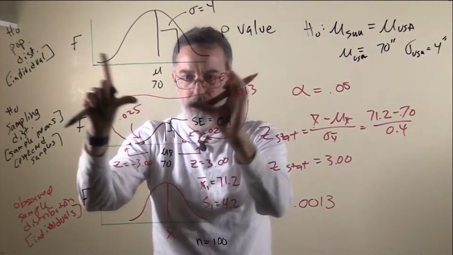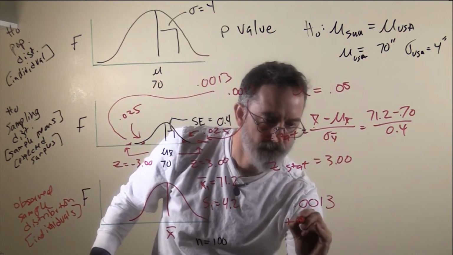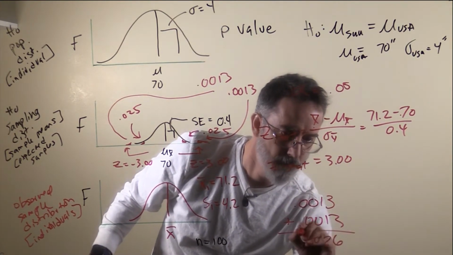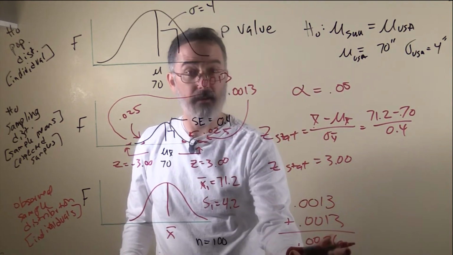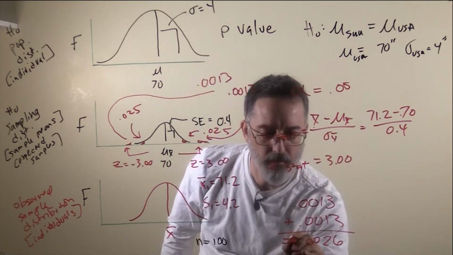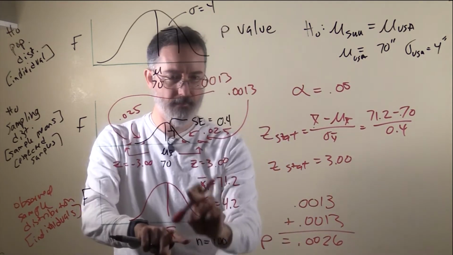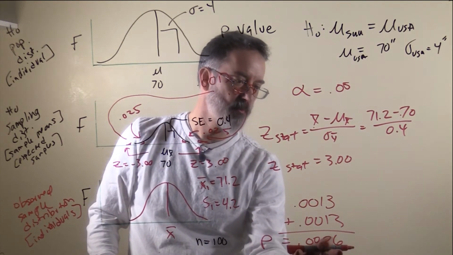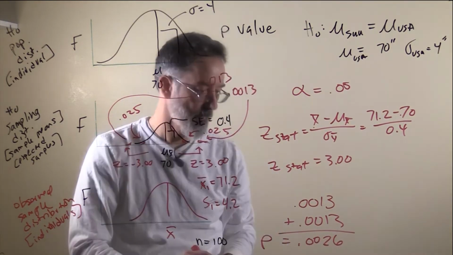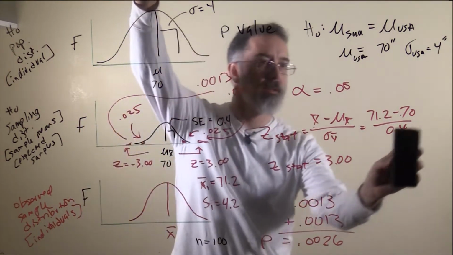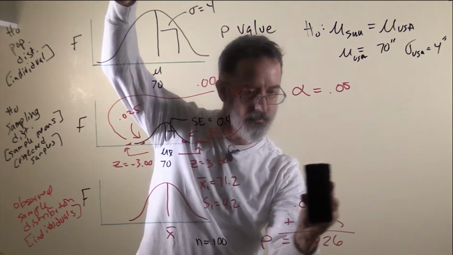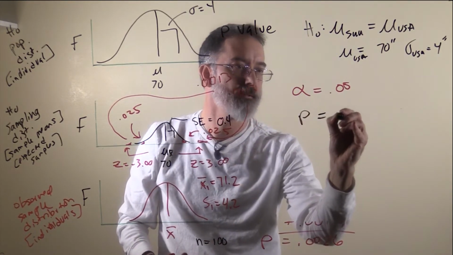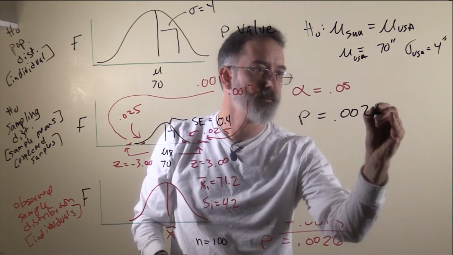So we want to add them both together. And that is our p-value. So for this sample data, the p-value is 0.0026. So I'm going to rewrite that up here. P equals 0.0026.